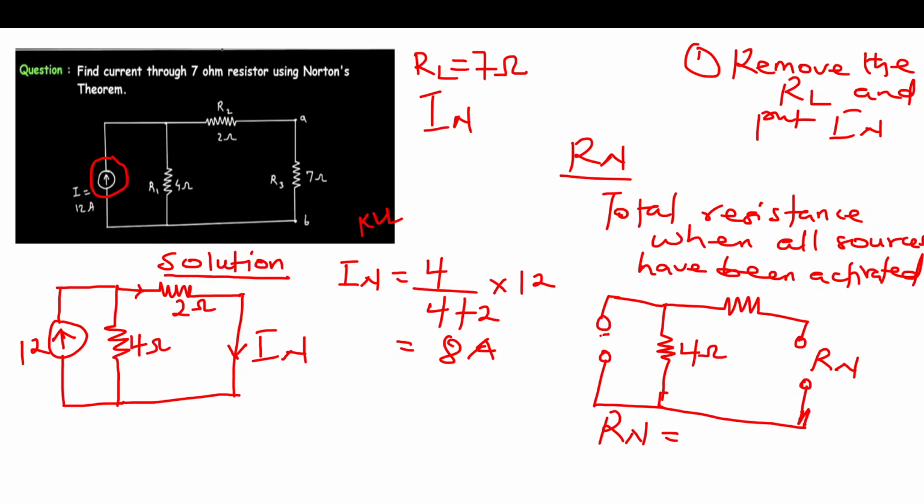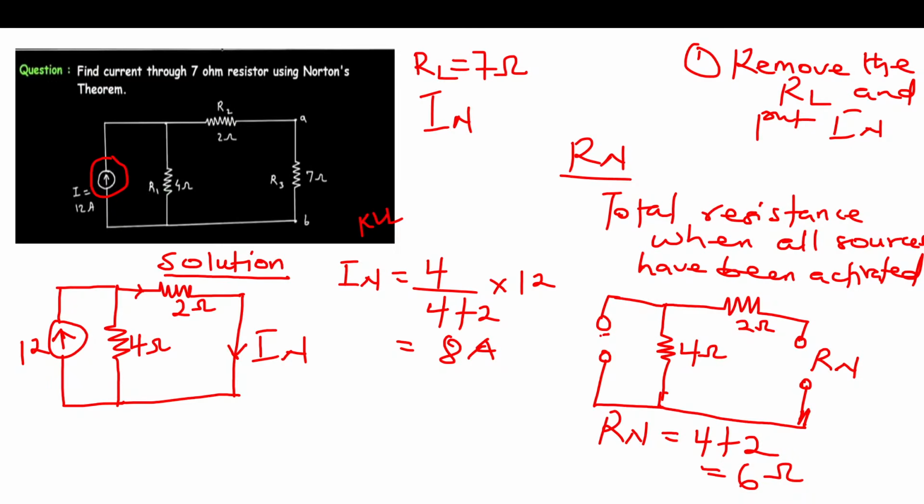So obviously current is not going to come this direction. So we are going to have 4 and then 2 to be connected in series. Okay, since it's the same current that will flow through this. So standing at RN, looking through this open part here, the RN is 4 plus 2, which is equal to 6 ohms.